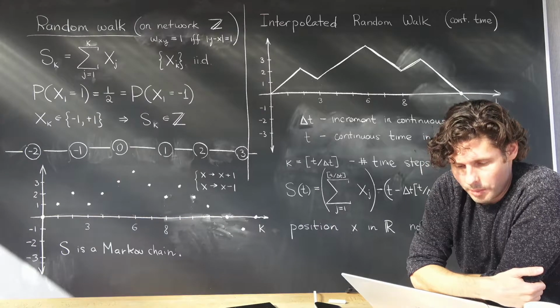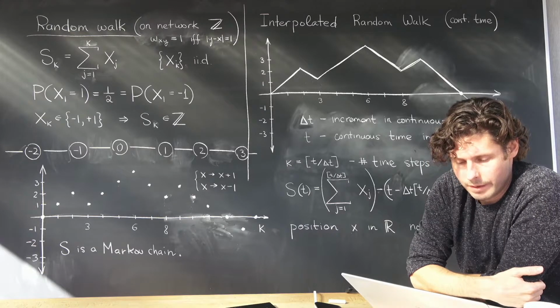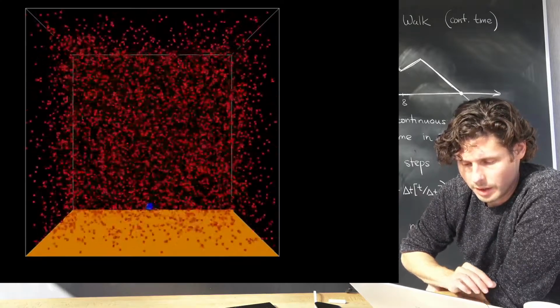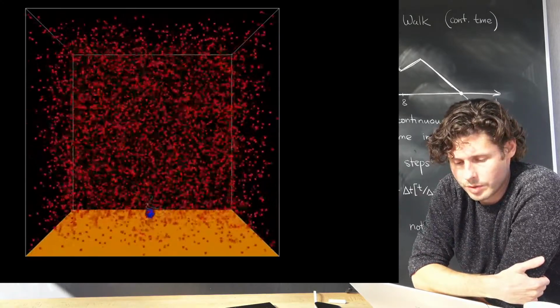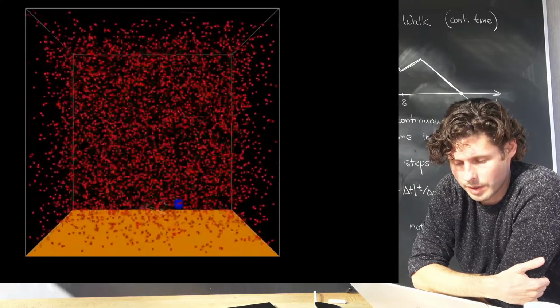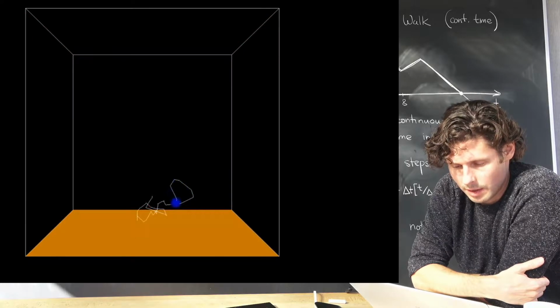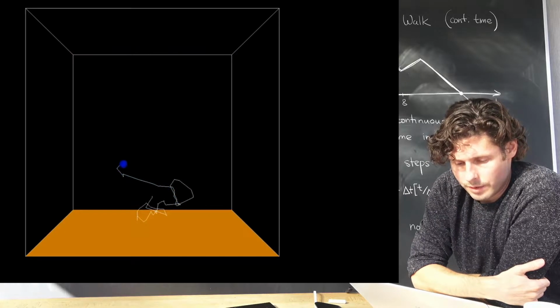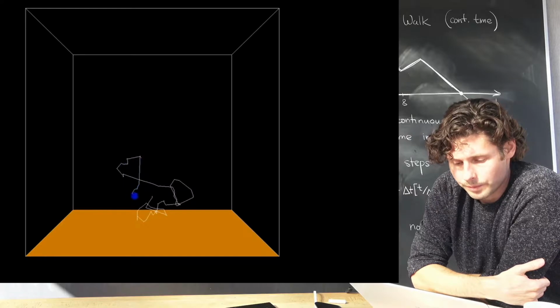So the main issue that we now face is that, first of all, this movie here is moving in the way we experience time. So time is continuous. We experience time continuously, not in step increments. And so that's one issue.